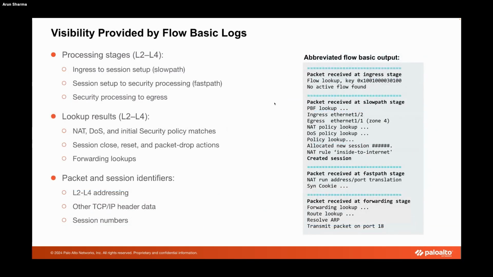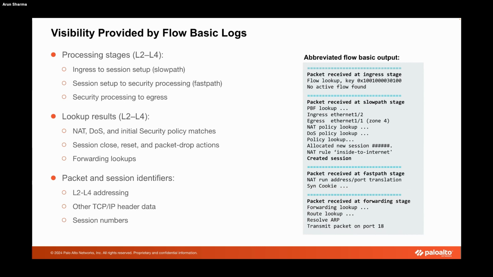Okay, so the visibility that is provided by flow basic, it provides you info from layer 2 to layer 4. So slow path, the fast path. The major difference between slow path and fast path is that slow path is for the new sessions which are hitting the firewall for the first time, and fast path is for the sessions where we already have a session, and existing session traffic is coming again to the firewall.